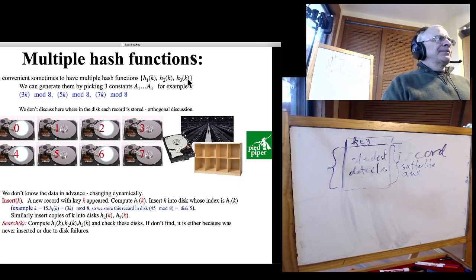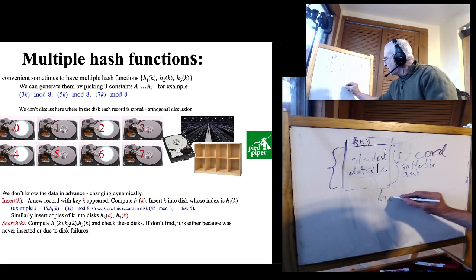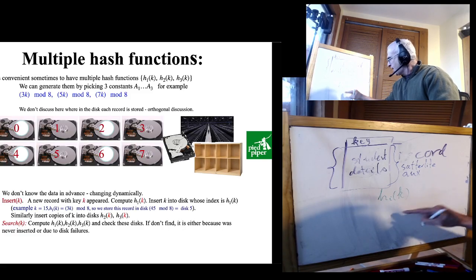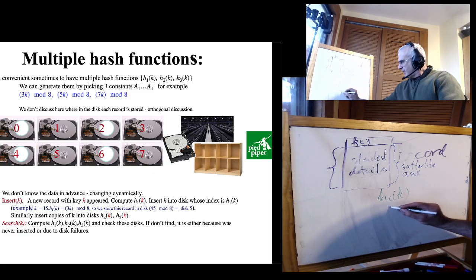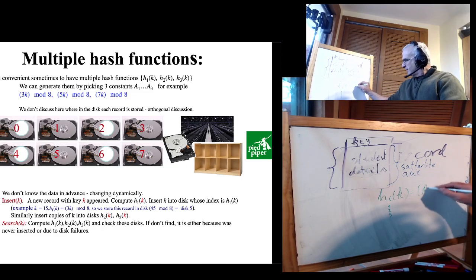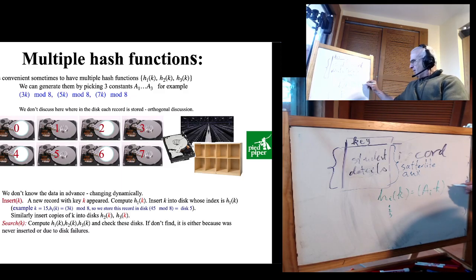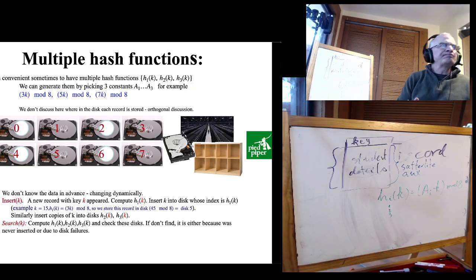3 hash functions. Let's, in this simple example, define them by h_i of k, where i is either 1 or 2 or 3. I'll just get it by taking different constants a_i times k, and we always end up by doing modulo m.